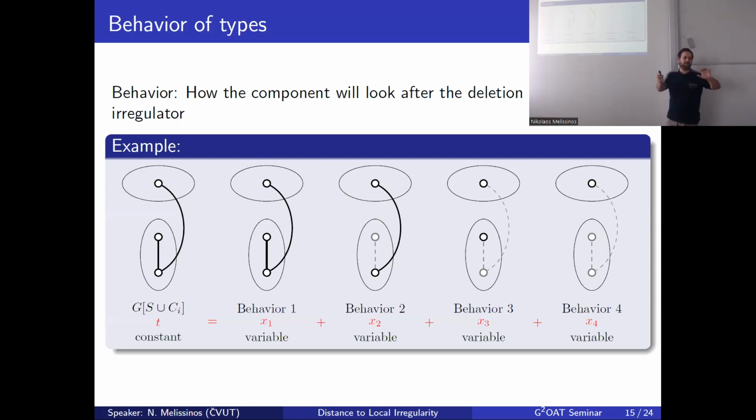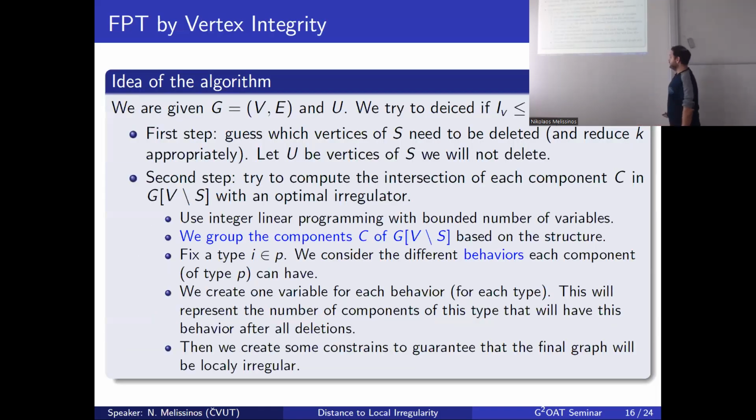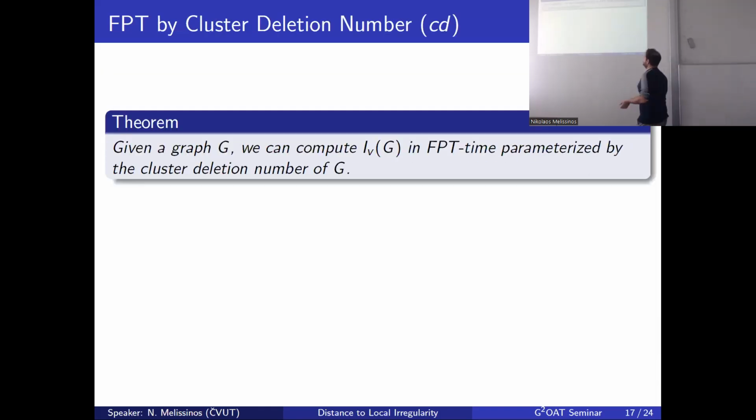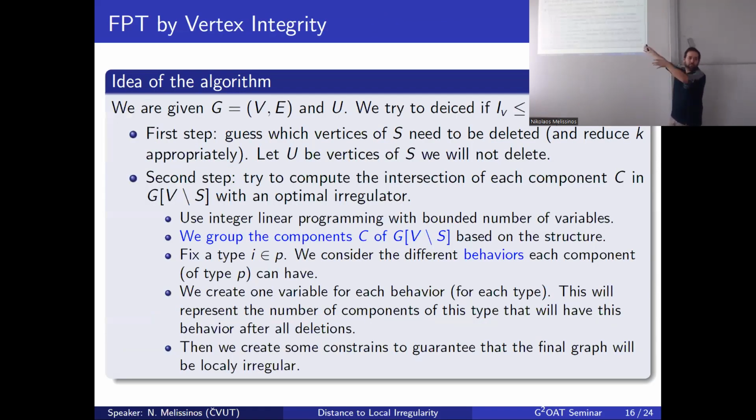So that's the kind of constraint we are introducing, and it's not hard to deal with if we know the number of components that have each behavior. Since we're using integer linear programming, it's FPT by the number of types, and the types are FPT by the vertex integrity.